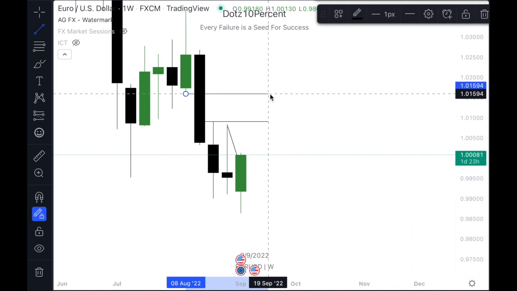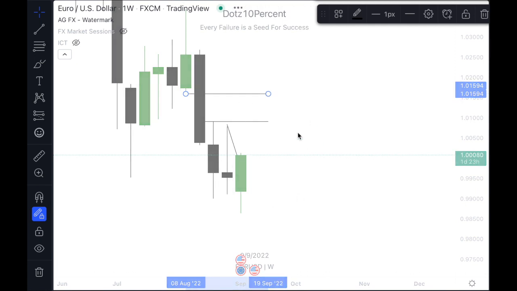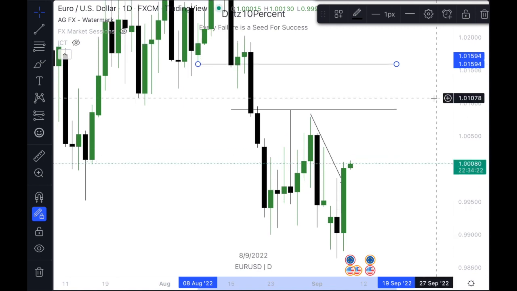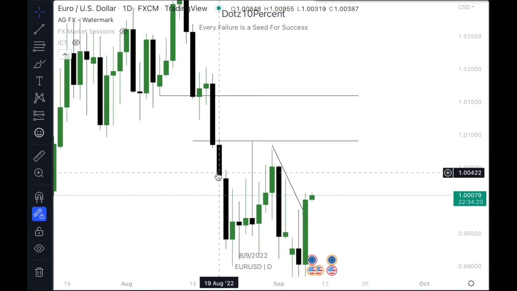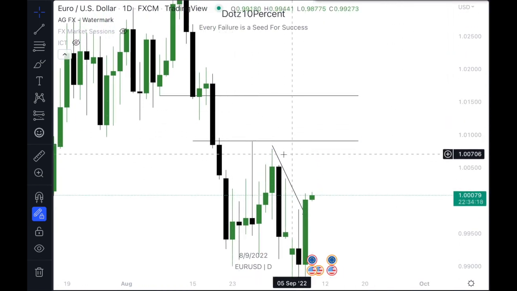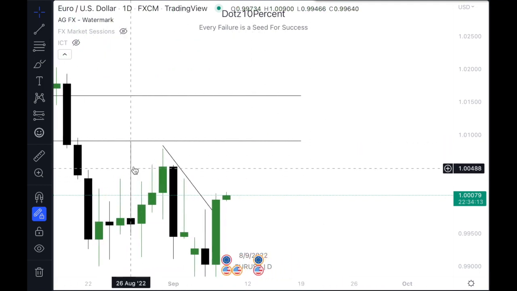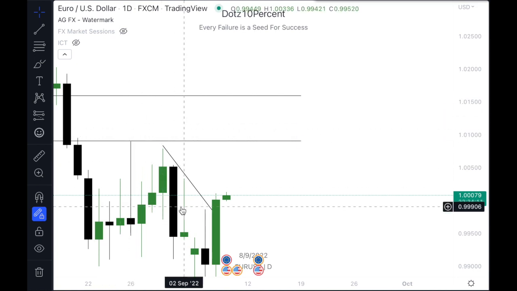Draw this on my chart. Cool. And inside this fair value gap, of course, we have the daily fair value gaps as well. And as you guys can see, we have this high. Look how nicely this high is engineered into that, right?